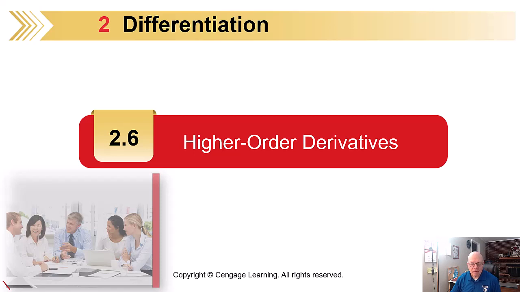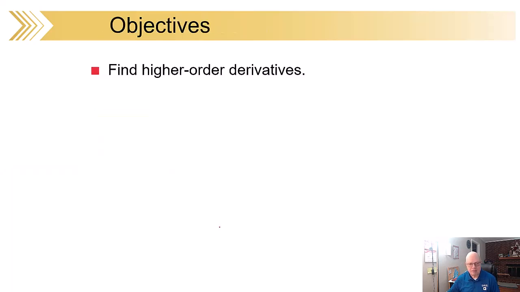Higher order derivatives in 2.6 is actually, compared to the chain rule, almost like comic relief. It is that easy, if you've gotten here and you've had sufficient practice. So let's take a look at higher order derivatives. That's all we're going to do in this section.